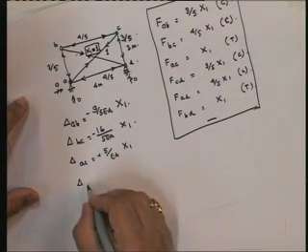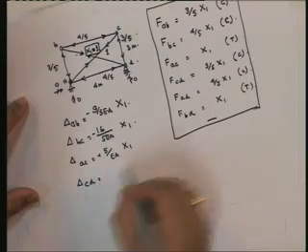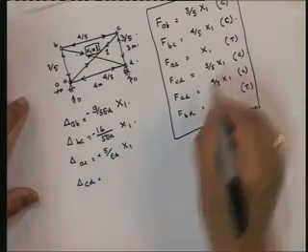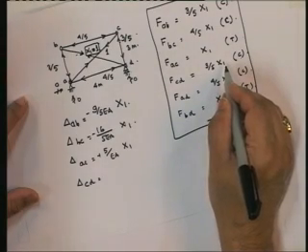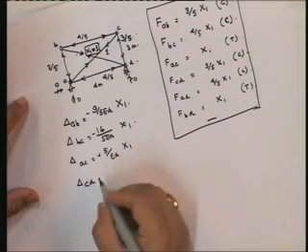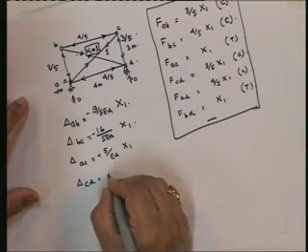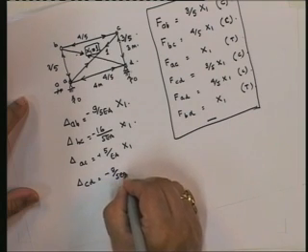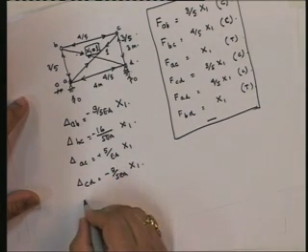And then delta CD is equal to 3 by 5 x1 into what is the length? The length of CD is 3 meters. So this is going to be equal to minus 9 by 5 EA x1.